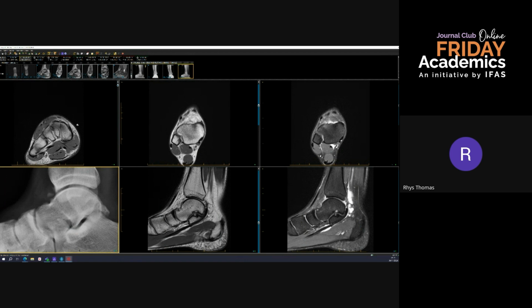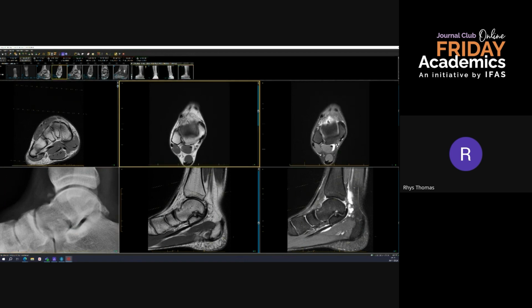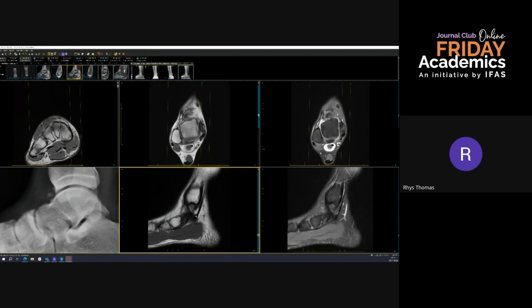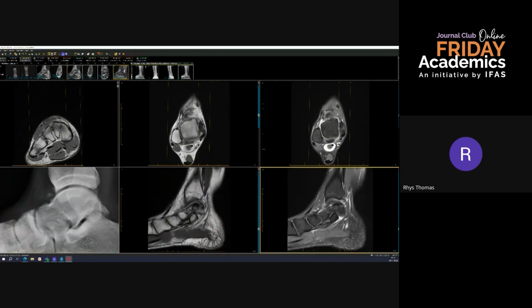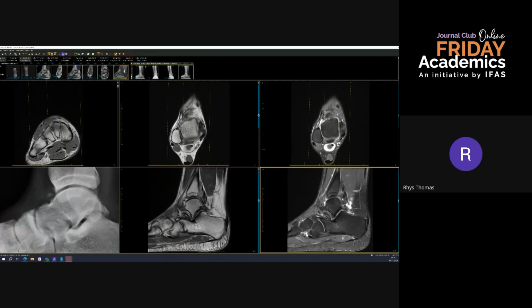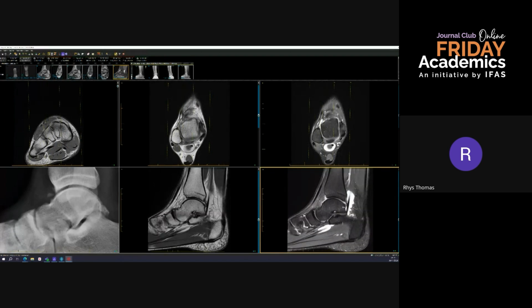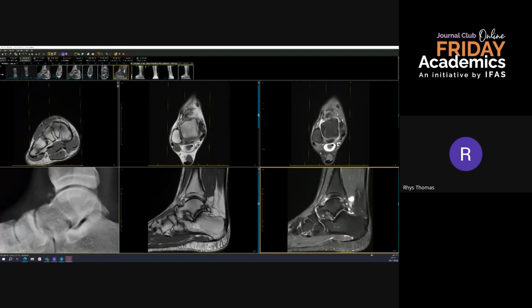As soon as we go through the axials, we can see an abnormality at the anterior aspect of the joint, which correlates lovely with the radiographic abnormality. However, as we look through the ankle joint itself, the articular cartilage looks pretty congruent with no big osteochondral defects.